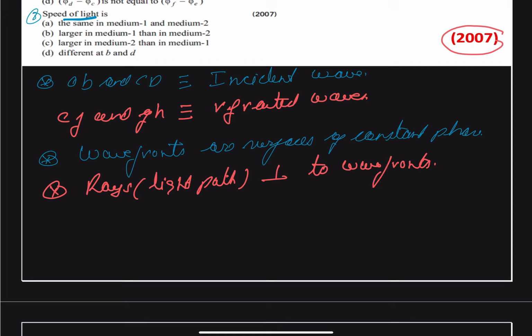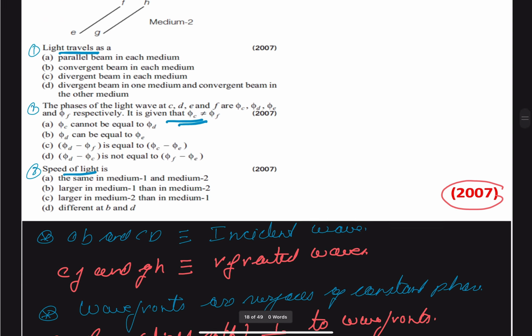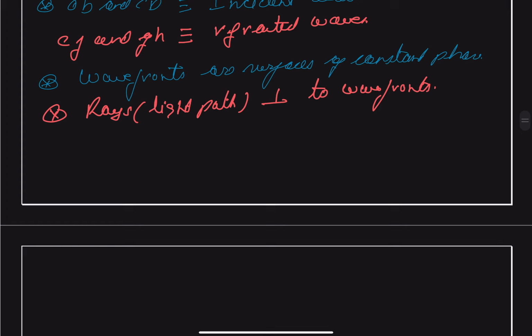So based on this, we can draw an approximate figure. Let me draw it here. This is our surface xy. This is our medium 1 and we have medium 2.